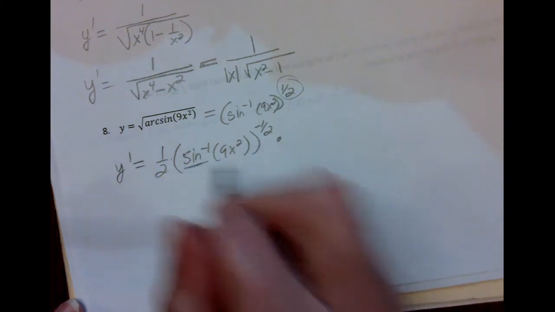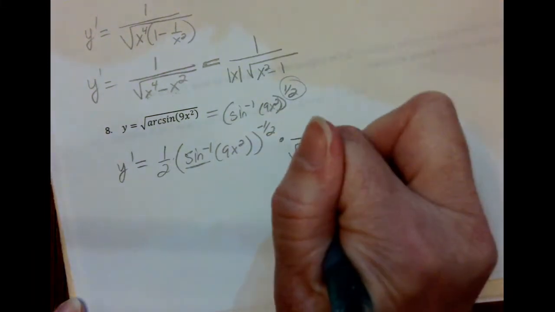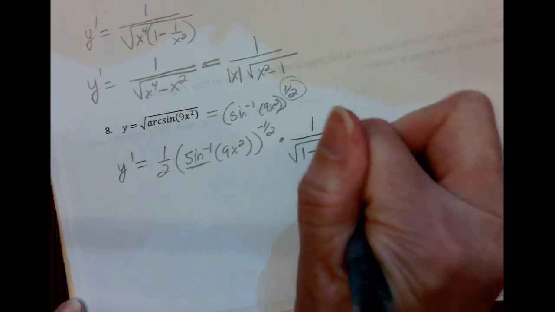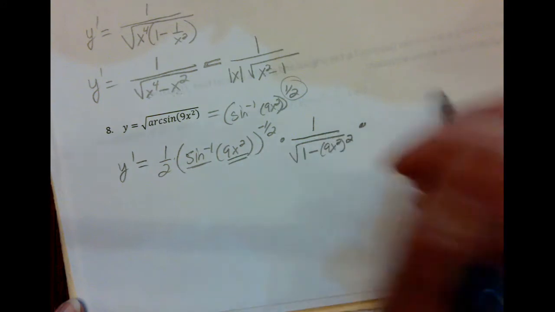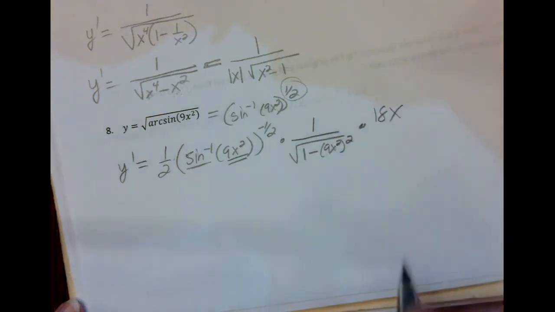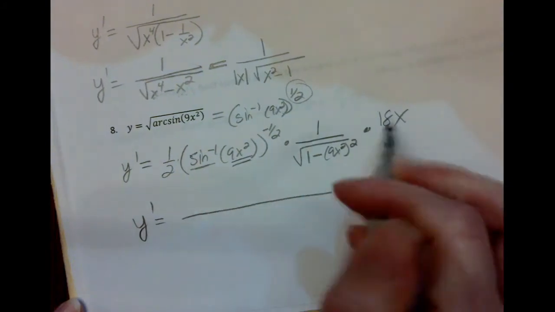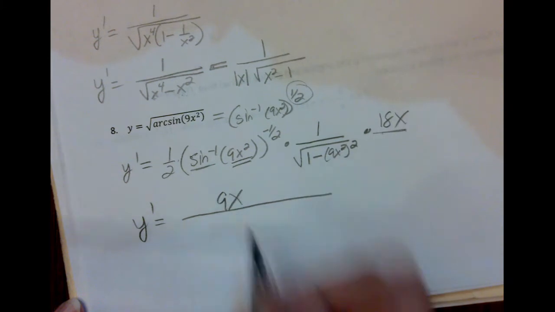Times the derivative of the first one inside of that composition, 1 over the square root of 1 minus our input squared, times, finally, the last piece, its derivative. Simplifying to condense this answer, 18x times a half gives me 9x for the numerator.